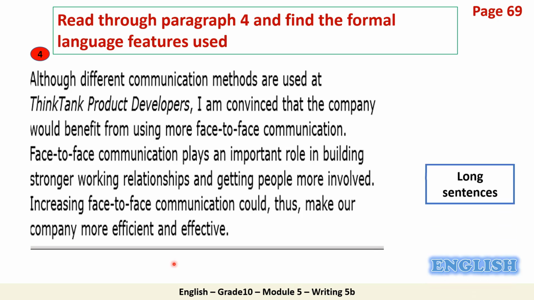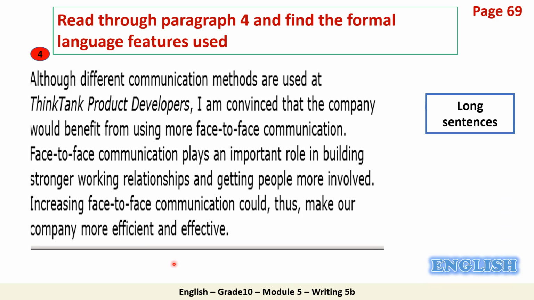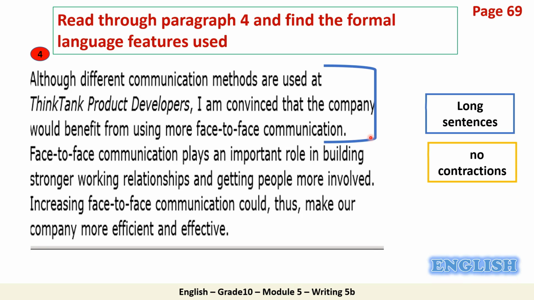Number 1, we have long sentences. Where are they? Yes, it is right over here. Starting from although to the end of face-to-face communication, all this is considered to be one sentence. Wonderful. The next one, no contractions. Where is that? Excellent. I am. So no abbreviations or shortcuts.